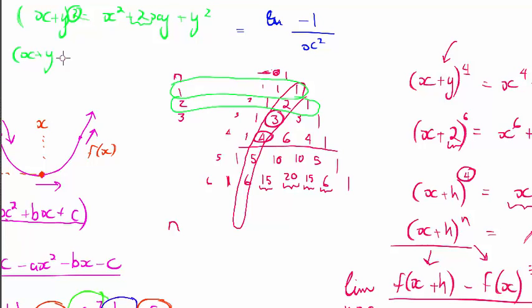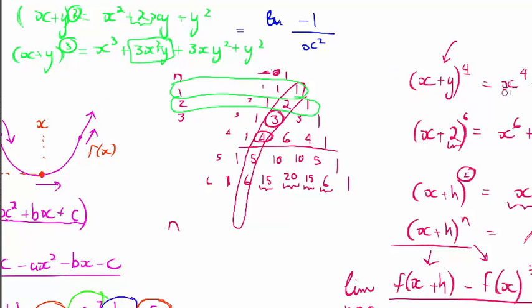If I have (x + y)³, I get x³ + 3x²y + 3xy² + y³. My second term's coefficient is 3. You see that? There's a relationship between my exponent and my second term coefficient.